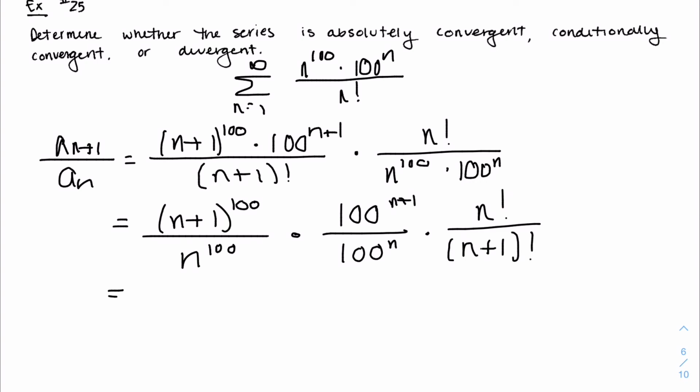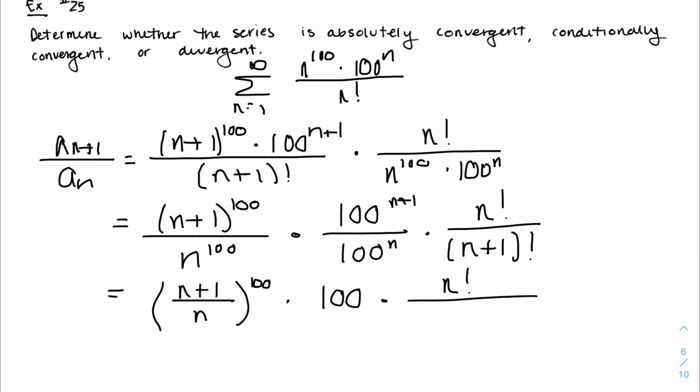In this first fraction, they're both to the same power, so we can write that as n plus 1 over n, to the 100. If you simplify those expressions, you get 100 to the n plus 1 minus n, so just 100 to the first power. And then the factorials, the bigger values in the bottom.